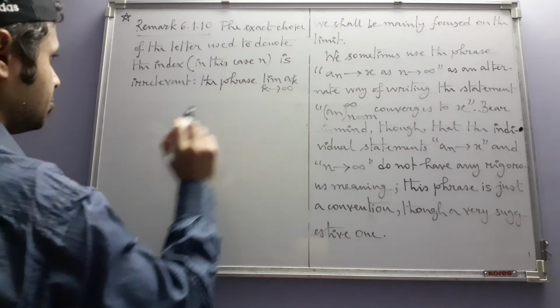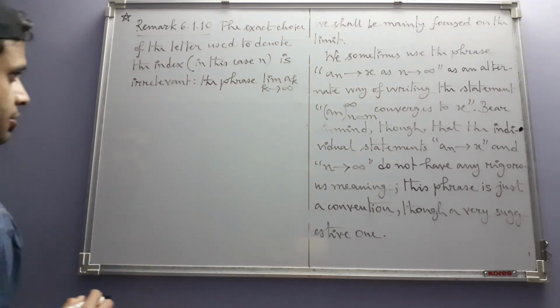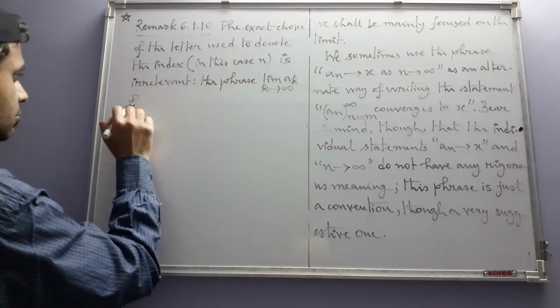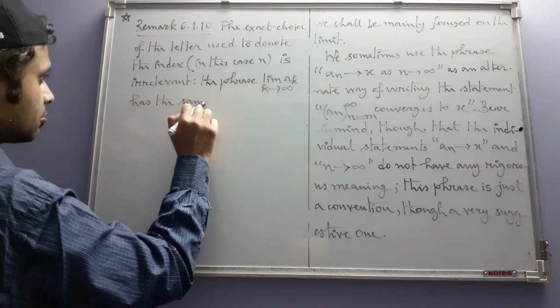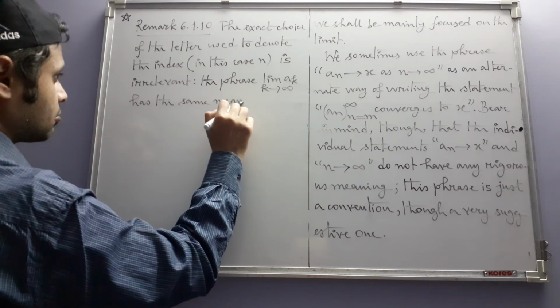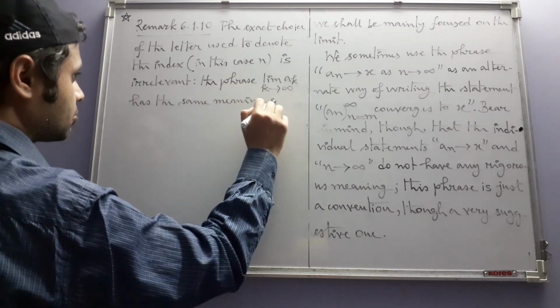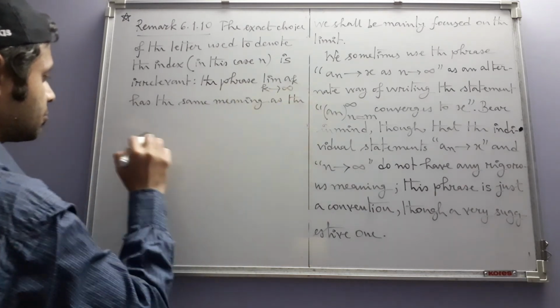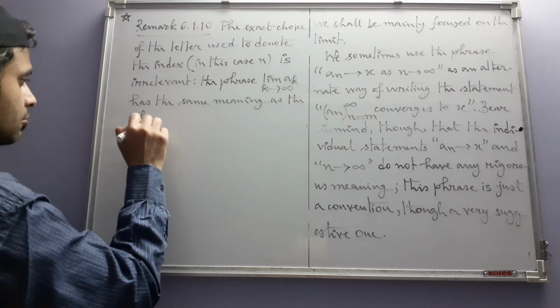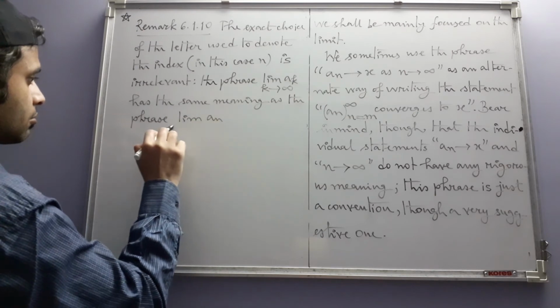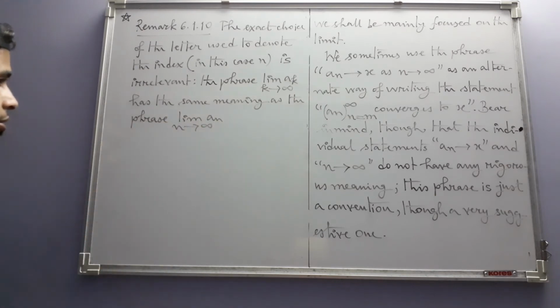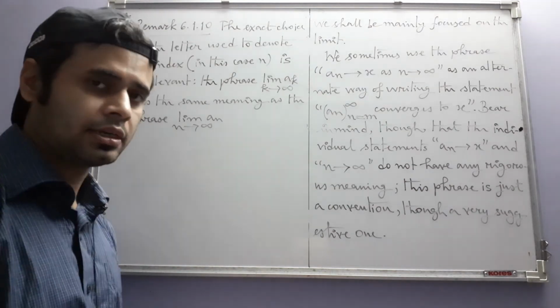The phrase limit of a_k as k tends to infinity has the same meaning as this. So whether we use k to denote the index or n to denote the index or something else, it does not matter.